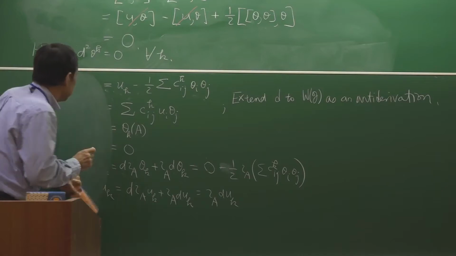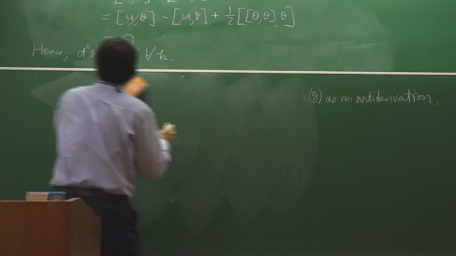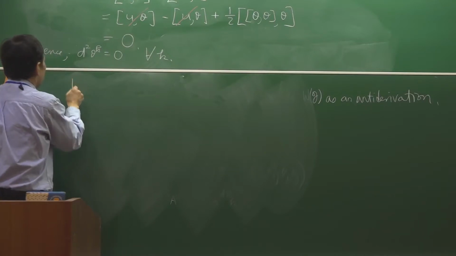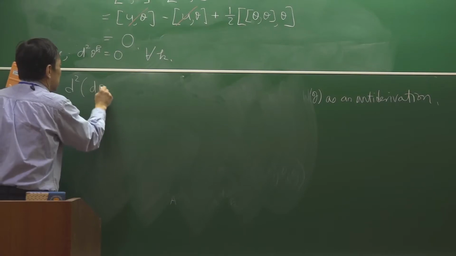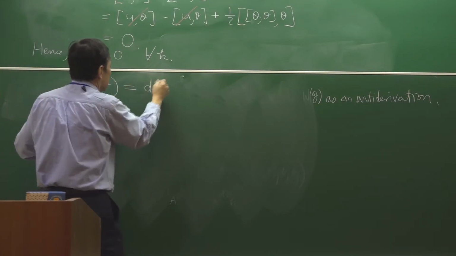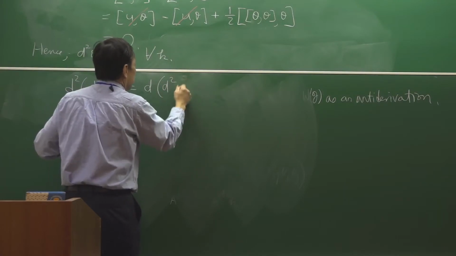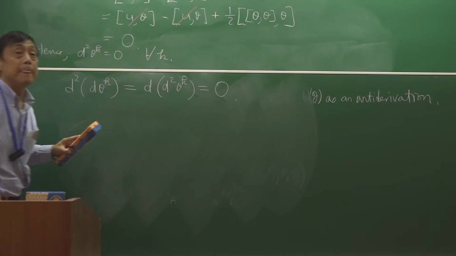That's one set of generators. And then if you use the other set, d squared d theta k, well then this is the same as d squared theta k. So it's also 0. Okay?